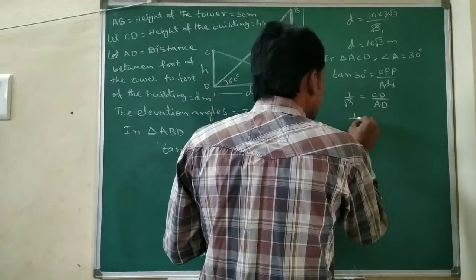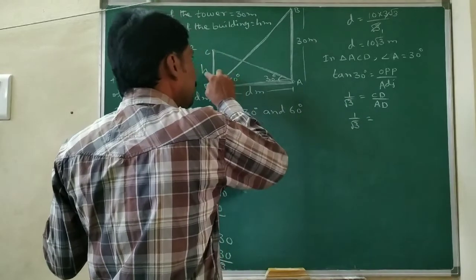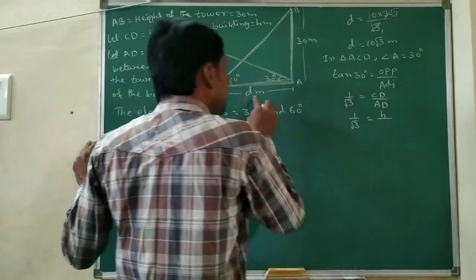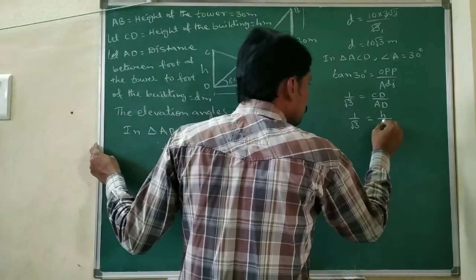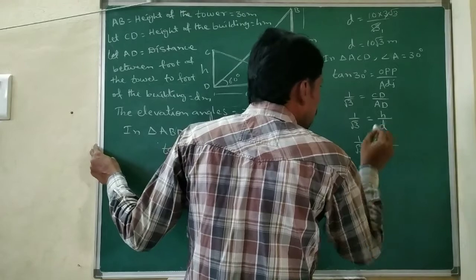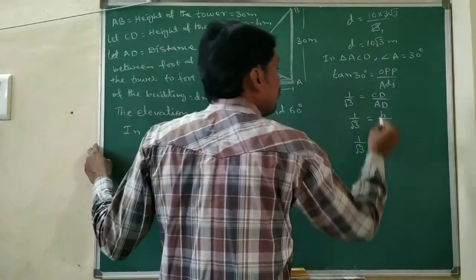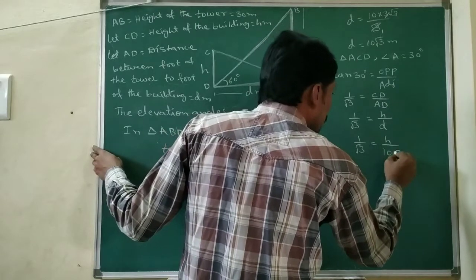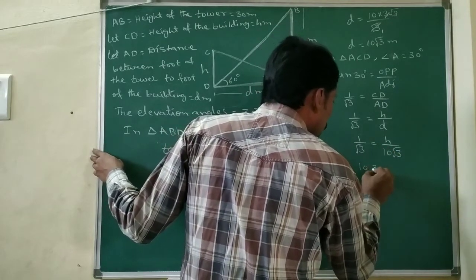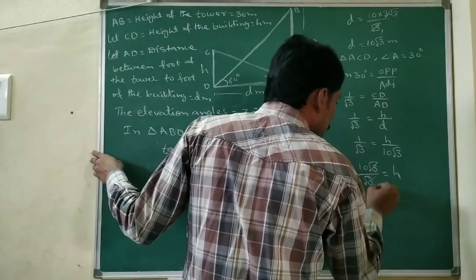So 1 by root 3. CD value is H by AD value is D. That equals 1 by root 3 equals H by D. H value we don't know, as it is we are writing. D value we know, that is 10 root 3. Now you just have to transpose: 10 root 3 by root 3 equals H. Root 3 gets cancelled.